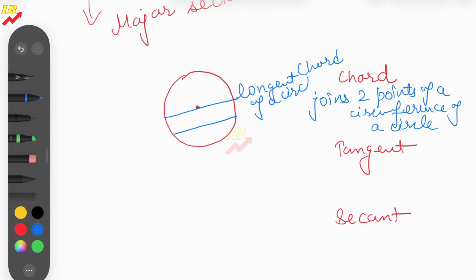I'm marking it with a marker to make sure you easily recognize it. The longest chord of a circle is actually a diameter. It is an interesting fact about the diameter.